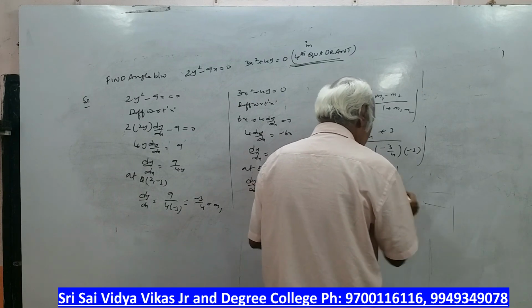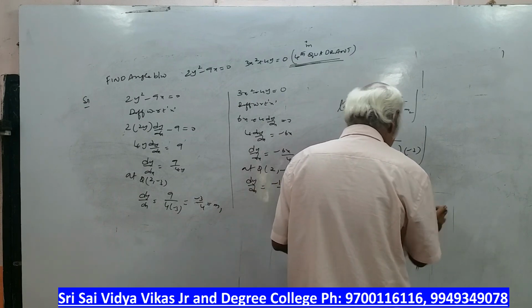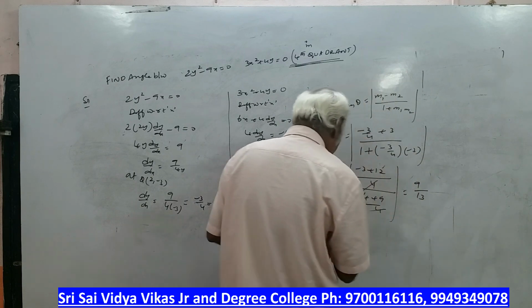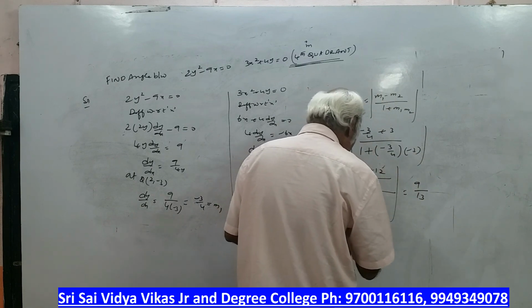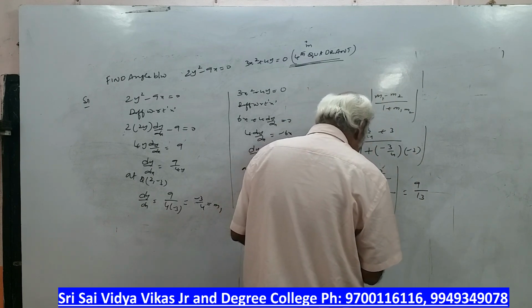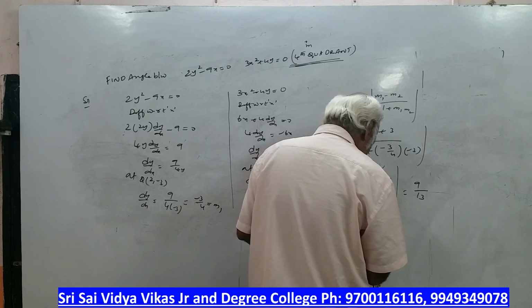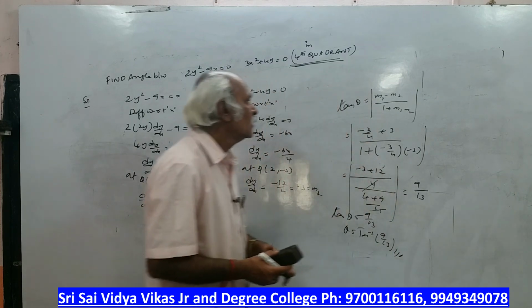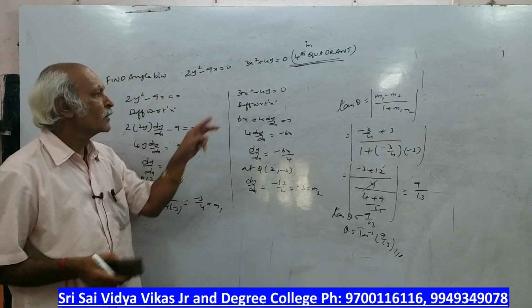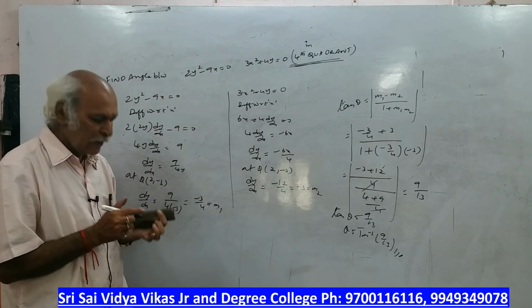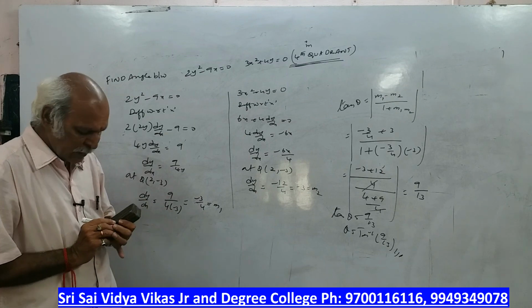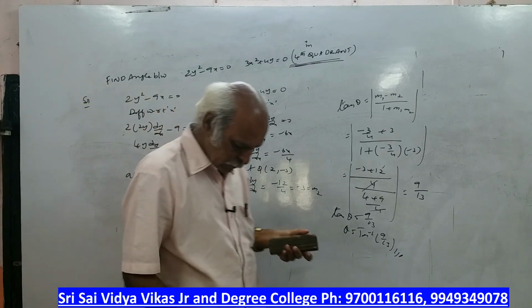Cancel. So this is 9 by 13. So tan theta is equal to 9 by 13. Alright. So fourth quadrant means x is positive, y is negative. That concept you have to apply. Okay. Please note this.